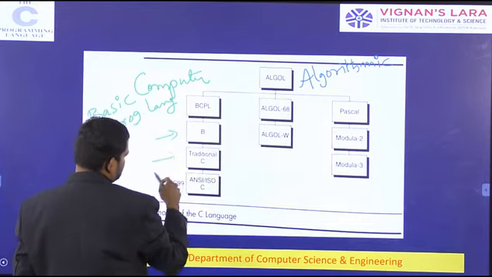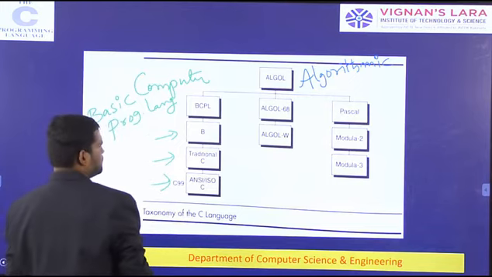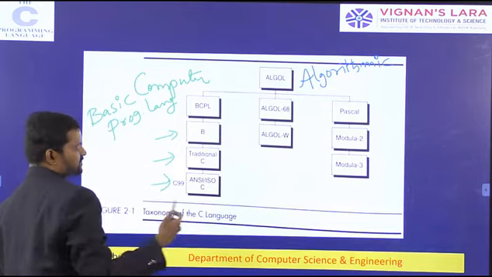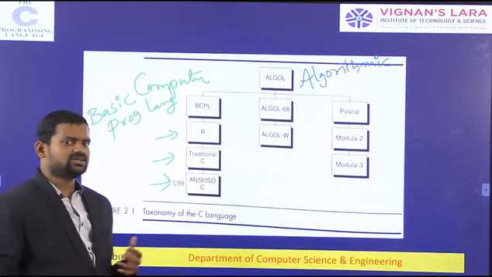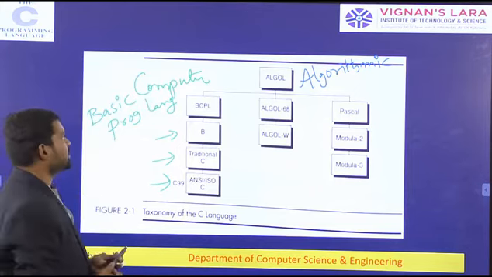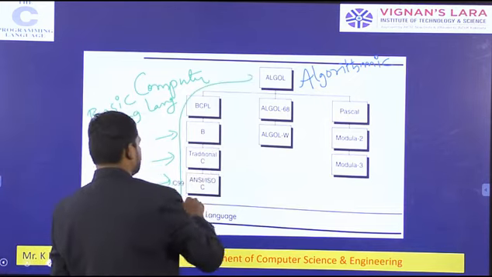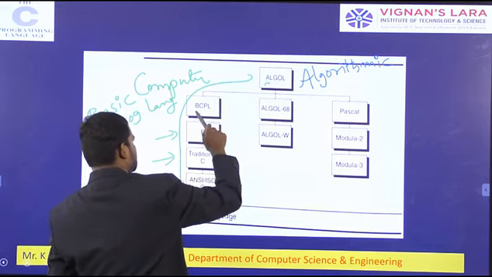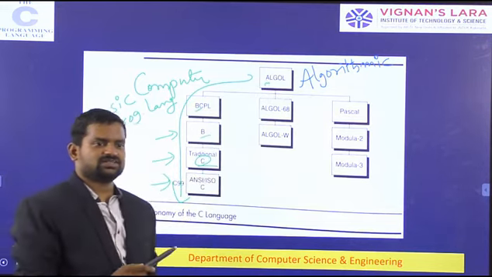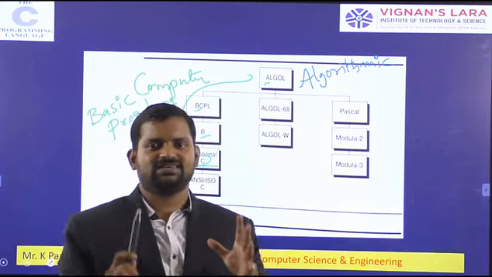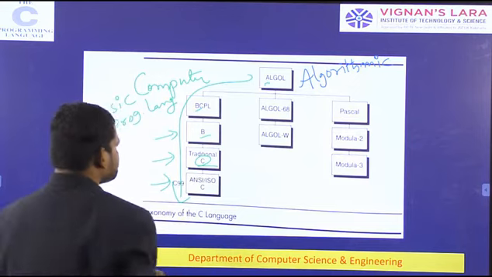From B to traditional C, traditional C to ANSI C, C99, and more editions after 99, to 2000, 2007, 2017, likewise. Many editions came from the ALGOL language. Likewise, A, B to the C language. That's why the C language is said to be C, alphabetical C. Okay.